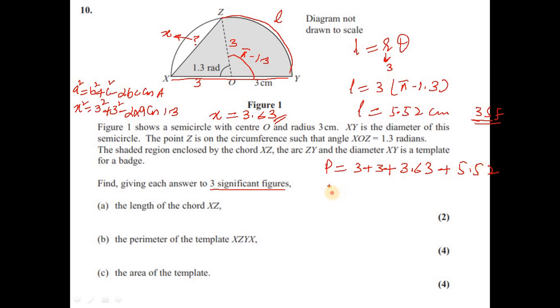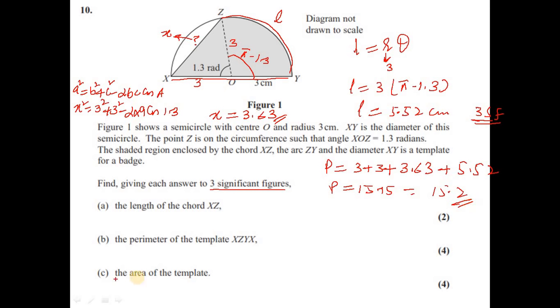So the perimeter is 15.15, and to 3 significant figures, 15.2. This is the perimeter.